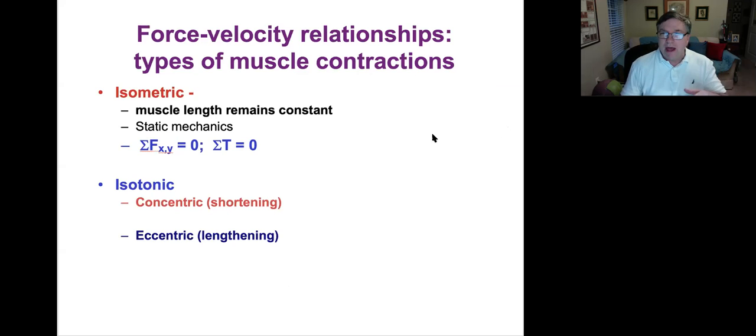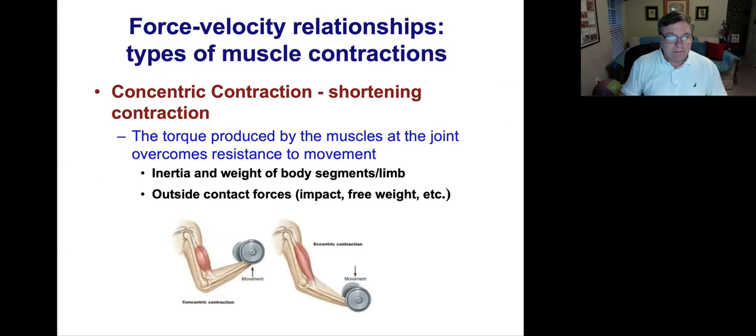In two ways we can do that: shortening versus lengthening. Both of these are incredibly important because we need lengthening contractions in order to let an object down, in order to slow down movement, in order to catch a football or a basketball or a baseball or a softball.